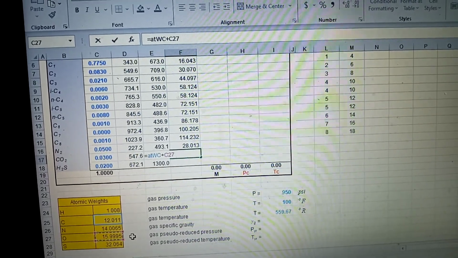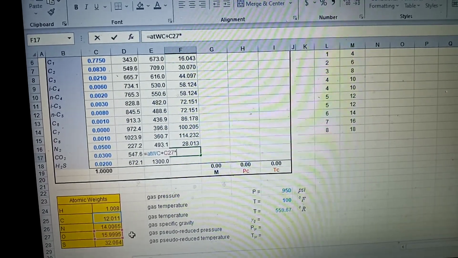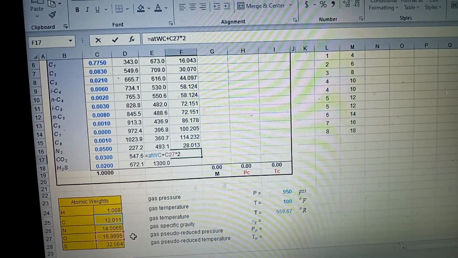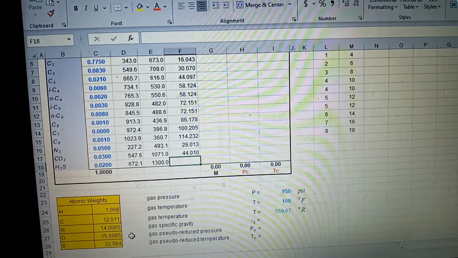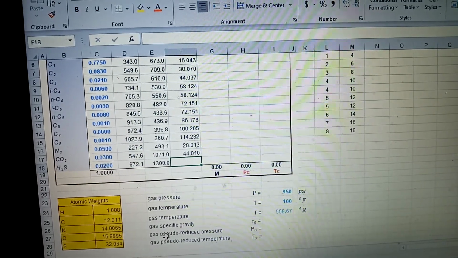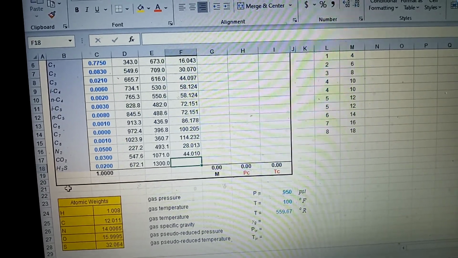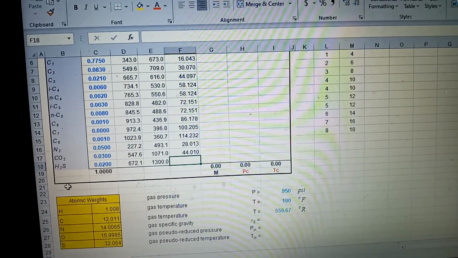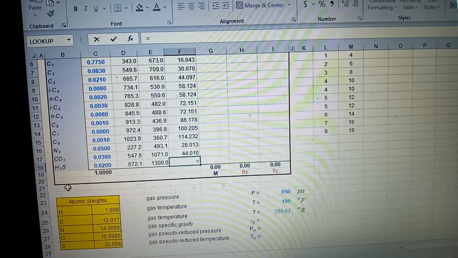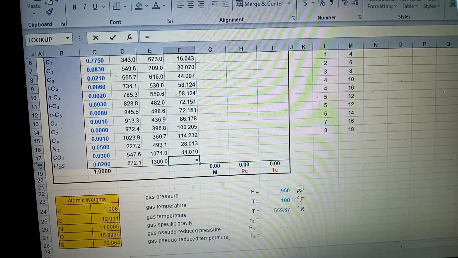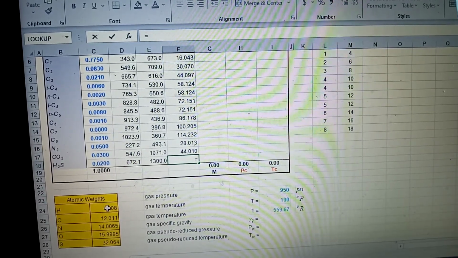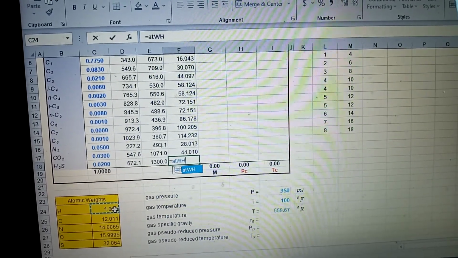Then I multiply it by 2, star 2. I enter. So that's the molecular weight of carbon dioxide. Hydrogen sulfide, 2 hydrogen, 1 sulfur. So it's equals hydrogen. I click on hydrogen. I multiply by 2.